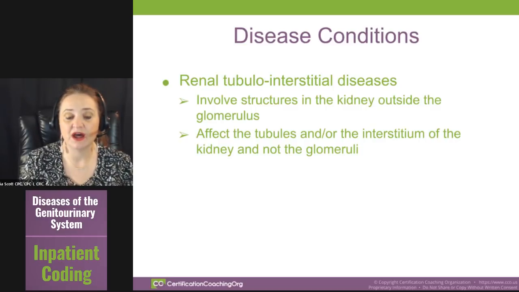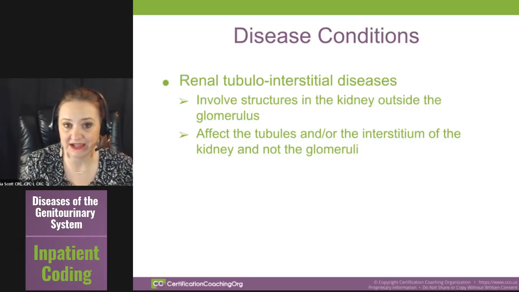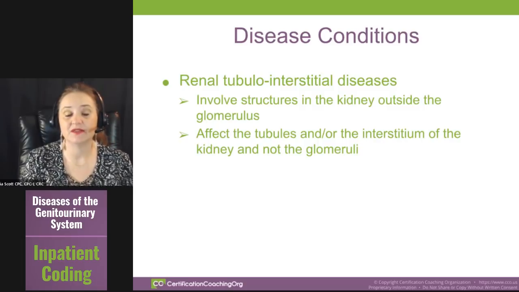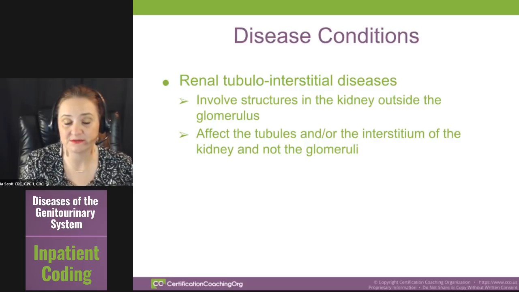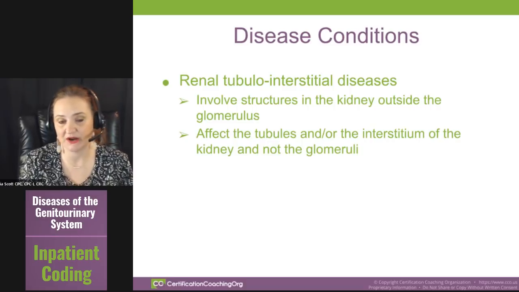But unlike the brain, where you have meninges, that's spelled different. But anything that has a G in it, it's either going to be the nervous system, the brain, or it's going to be the kidneys. So little heads up, G words as far as anatomy tend to be those two areas.